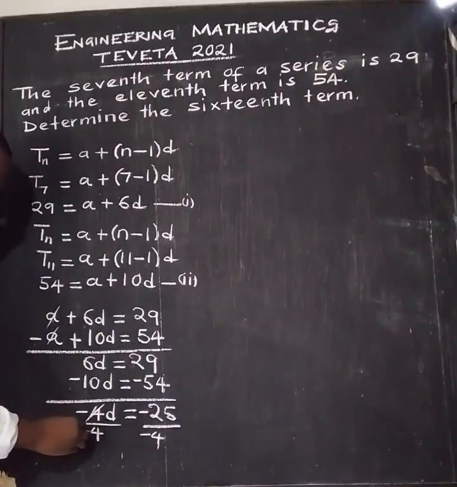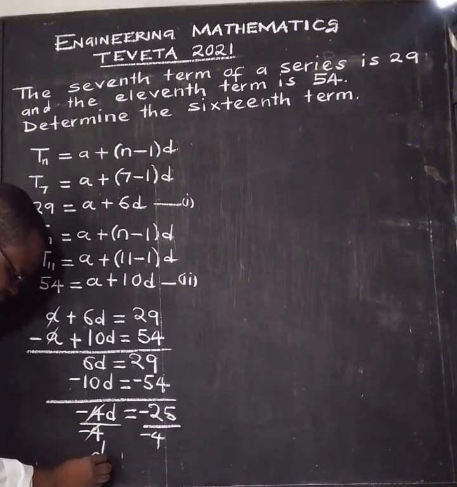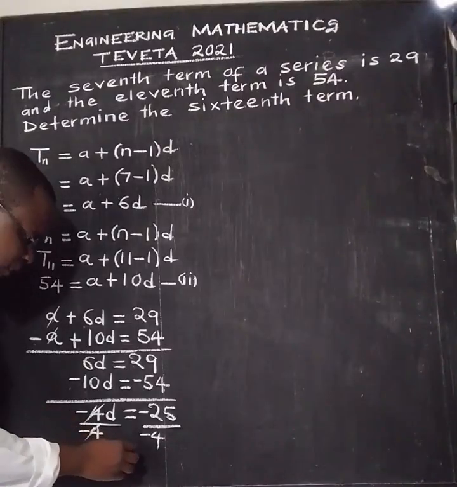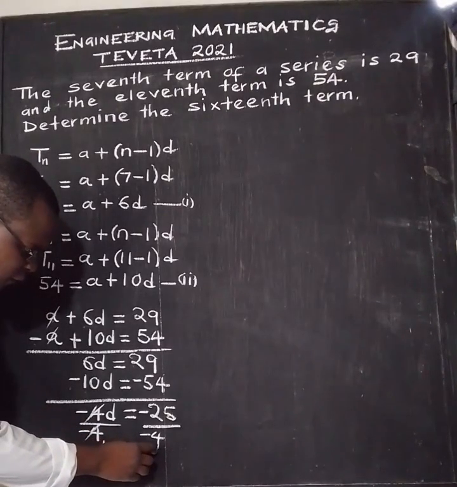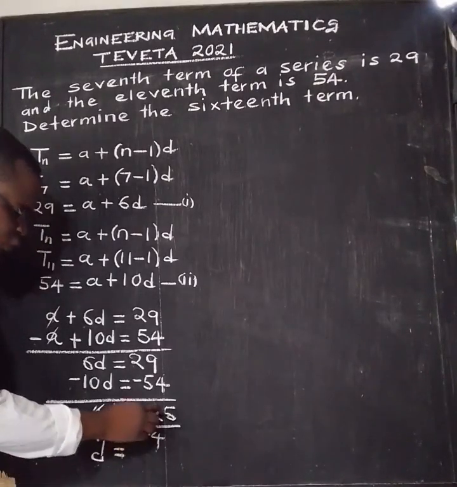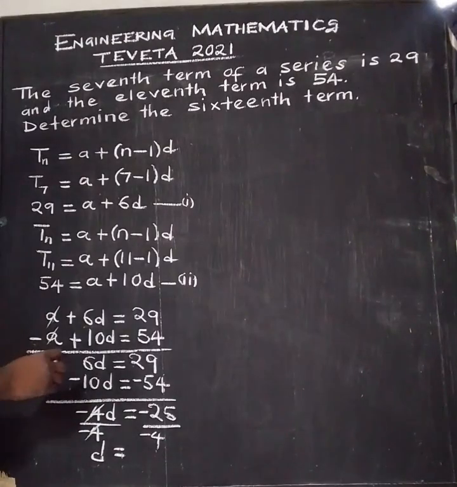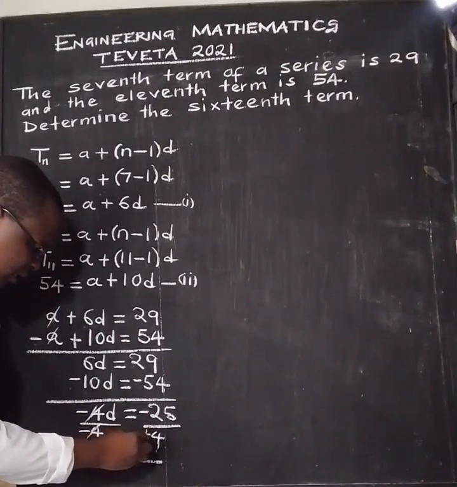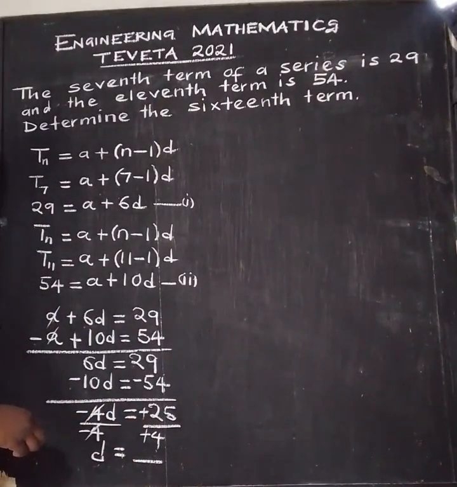So we're going to have d is equal to... Let me reduce this and say this negative and this negative are going to give us a positive. Then maybe let's just divide directly.